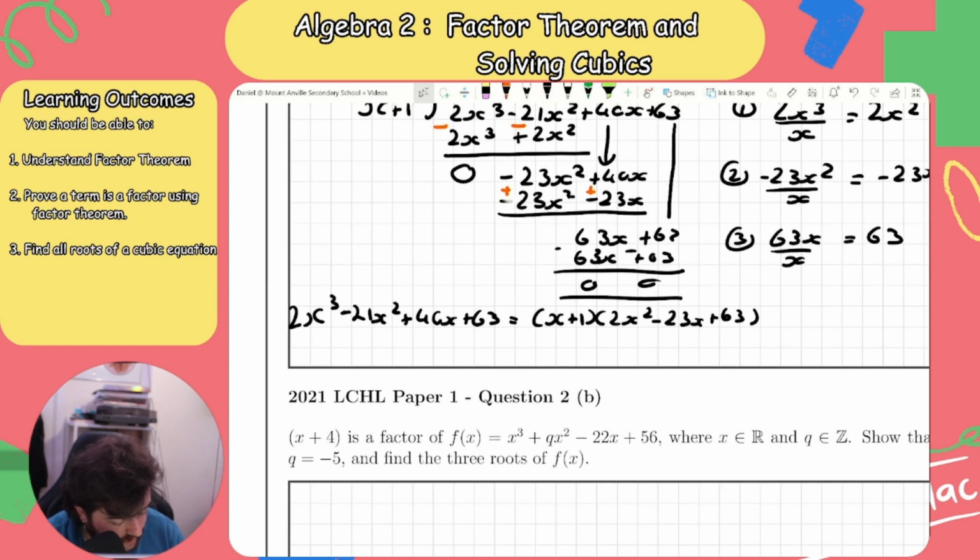I just need to solve these now. So x equals minus 1. That's the first solution. Let this bracket equal 0, i.e. solve for that quadratic. Let me just sub it in on my calculator.